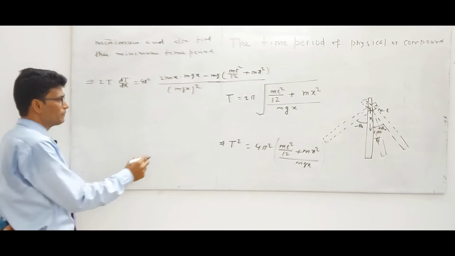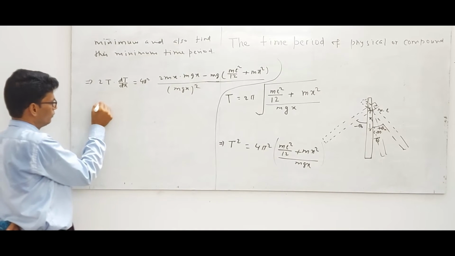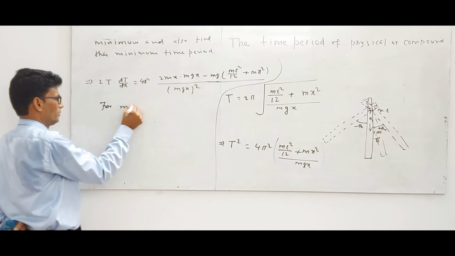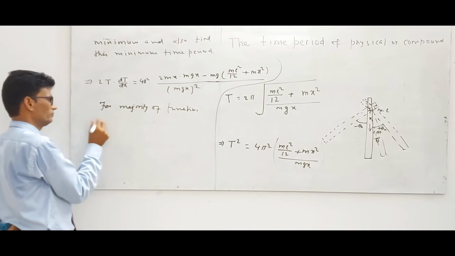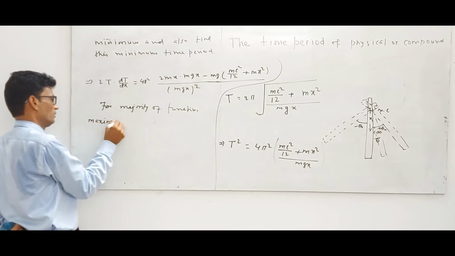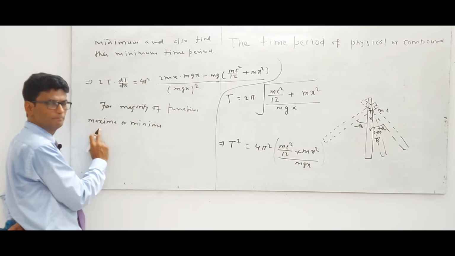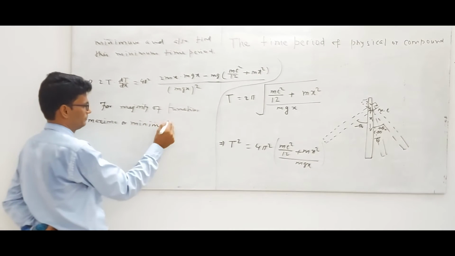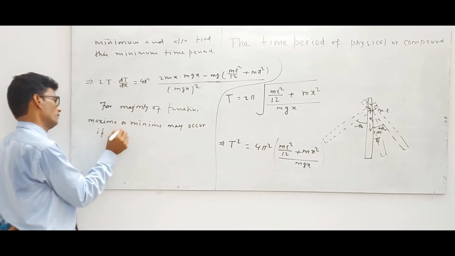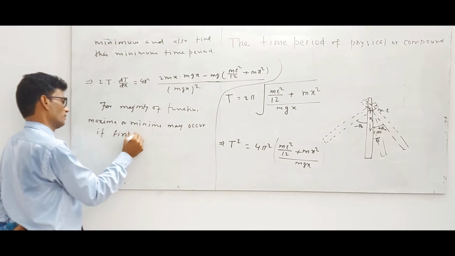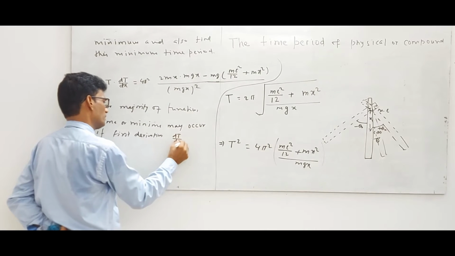For a majority of functions, not always, maxima or minima, which are the plurals of maximum and minimum, may occur if the first derivative dT over dx comes out to be 0.